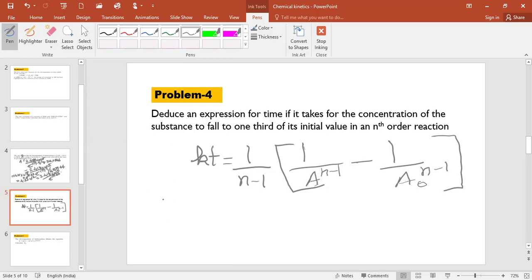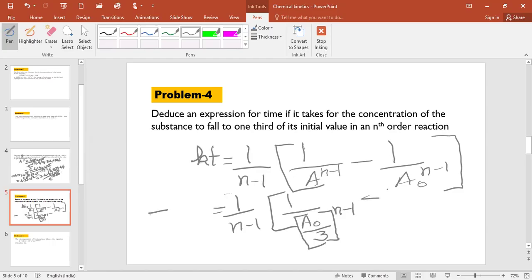So we get 1 by n minus 1 into 1 by (a0 by 3) to the power n minus 1, minus 1 by a0 to the power n minus 1. This is the initial substitution.